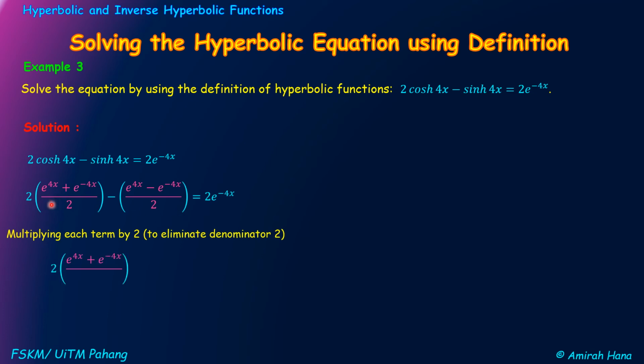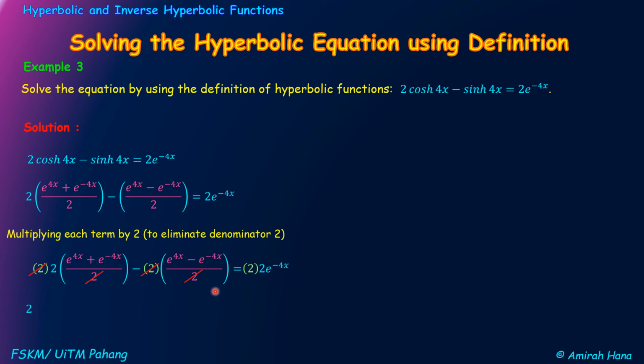From here, we have 1, 2, 3 terms. So now each term we multiply by 2. After we multiply by 2, we can simplify denominator 2 here and denominator 2 here.